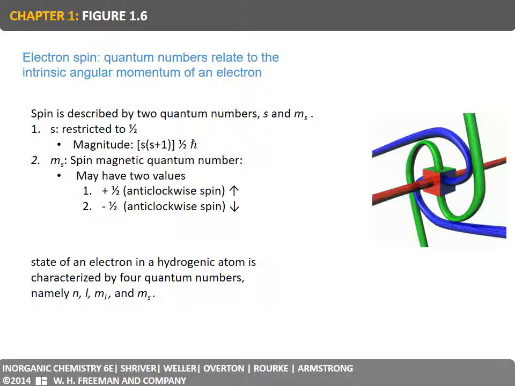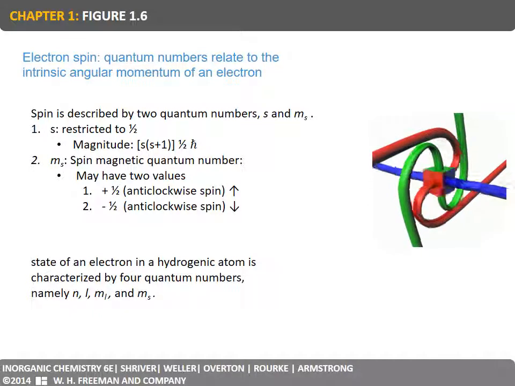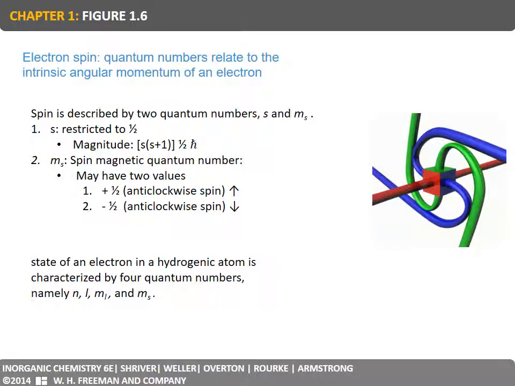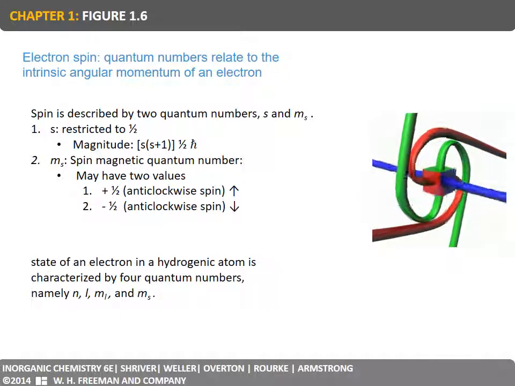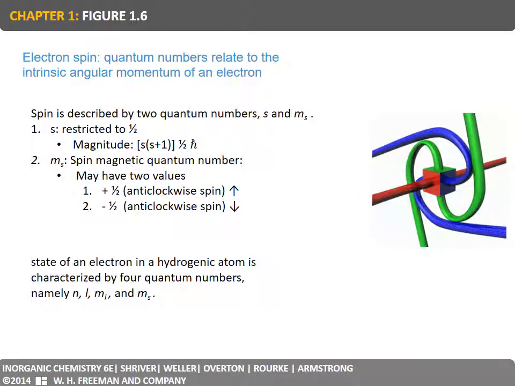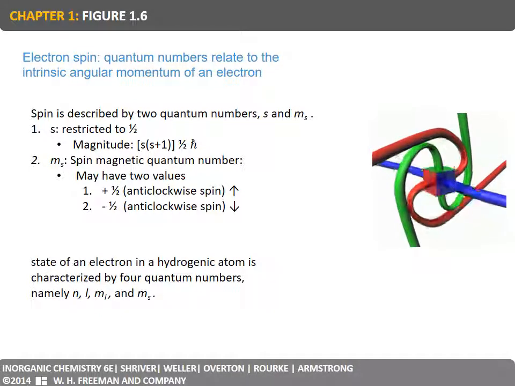In addition to the three quantum numbers that we have already introduced in our previous lecture, we need to introduce a couple more to be able to completely describe the state of an atom. And today we will begin with talking about electron spin.